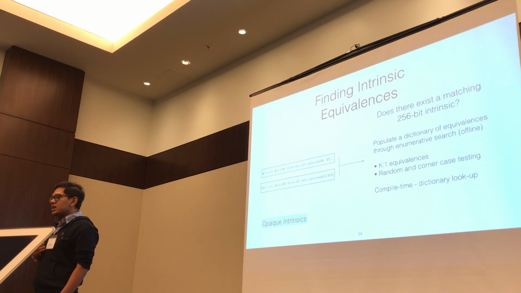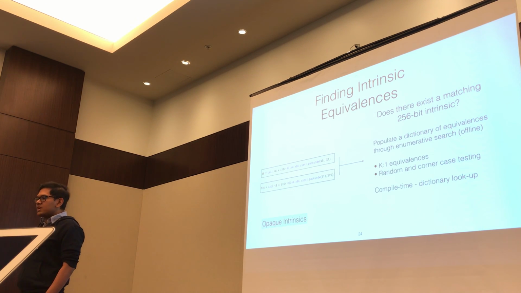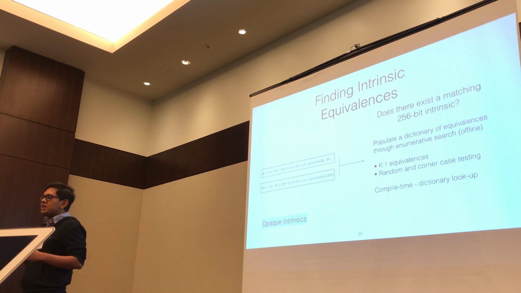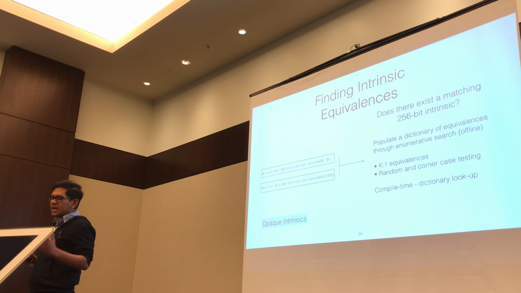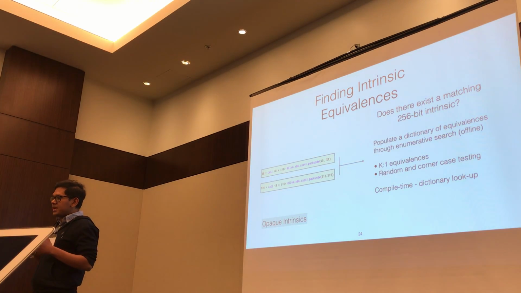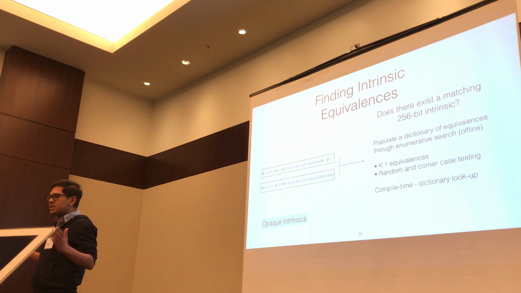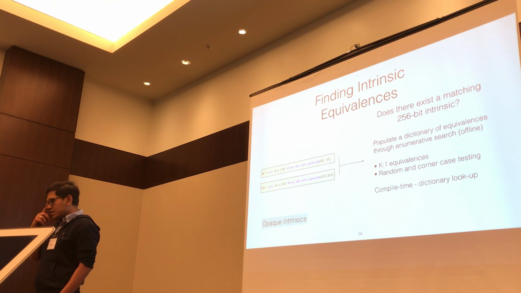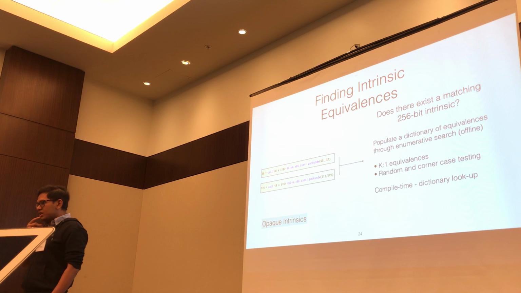To do that, we pre-populate a dictionary of equivalences through enumerative search. This is done offline. More specifically, we ask whether there are k narrow vector width intrinsics whether we can replace a wider vector width intrinsic with k narrow vector width intrinsics. And to establish equivalence, we do random and corner case testing.